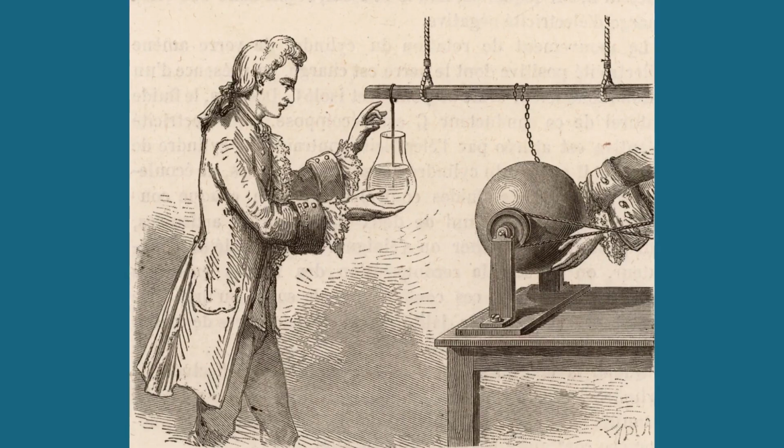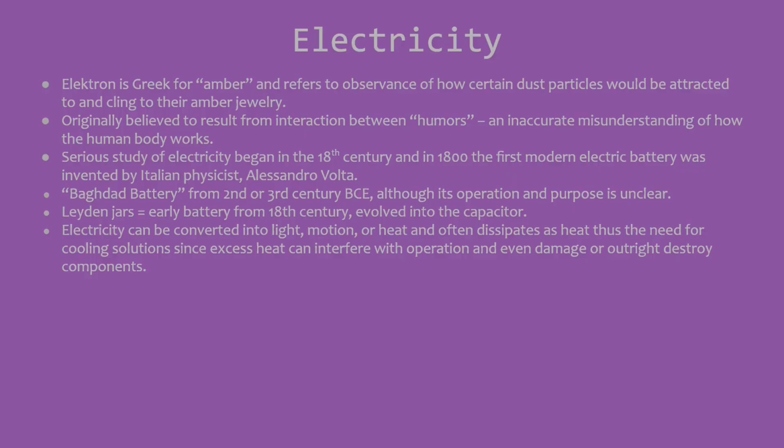They were actually invented independently by a couple of people around the city of Leiden in the Netherlands. Basically, they could store static electricity, and they were essentially precursors to batteries and capacitors. Since this was just working off static electricity, you could demonstrate storage of electricity, but you couldn't do anything practical. By the time of Benjamin Franklin, these were well known, and he most likely constructed some of a similar design.